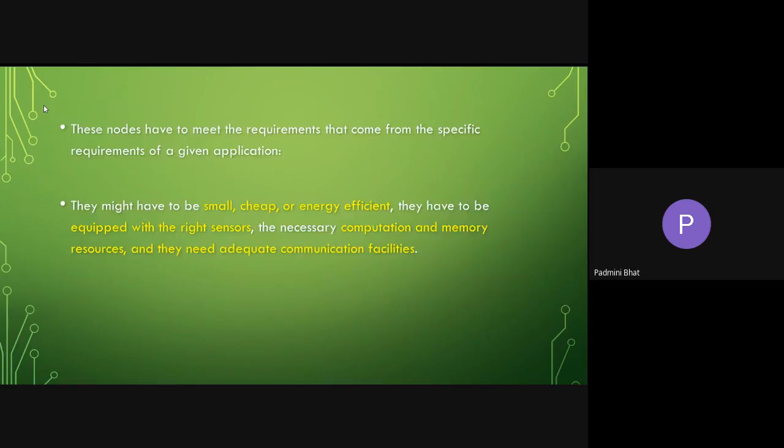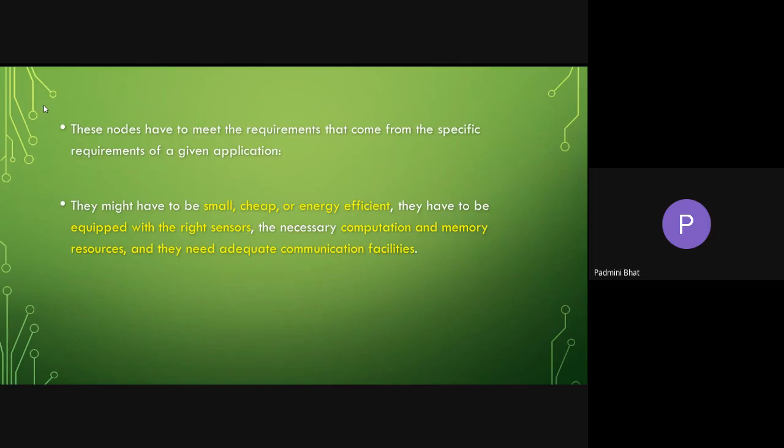Now these nodes have to meet the requirements that come from the specific requirements of a given application. So we cannot say that this should be the method. Depending on our application, we can decide how energy should be saved or consumed.